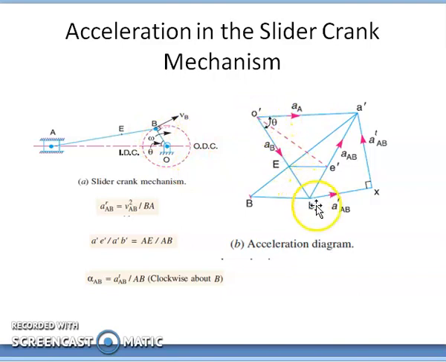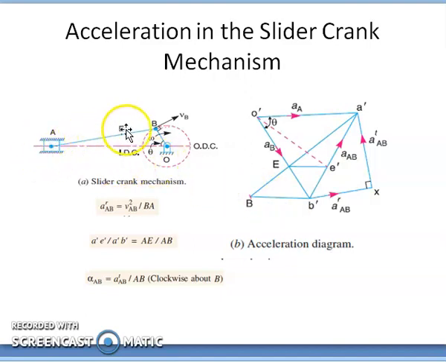So this O'B' gives the acceleration of B with respect to O, radial component. Since O is a fixed point, we can just represent it as acceleration of B radial. Since only the radial component is present, I'll just write it as acceleration of B.